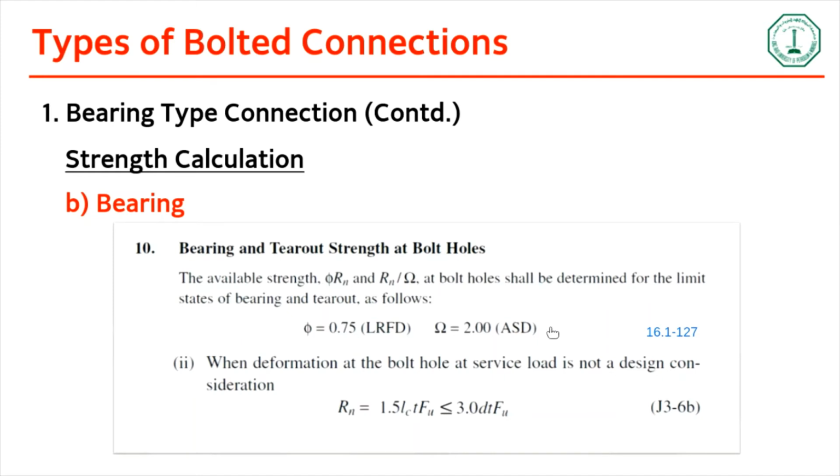Usually we use the second one. For the ultimate load case, we use the second one.